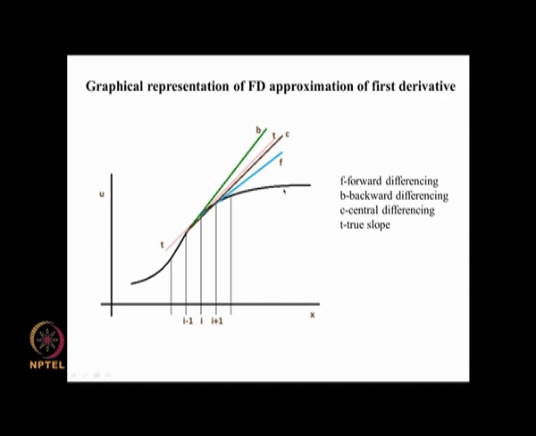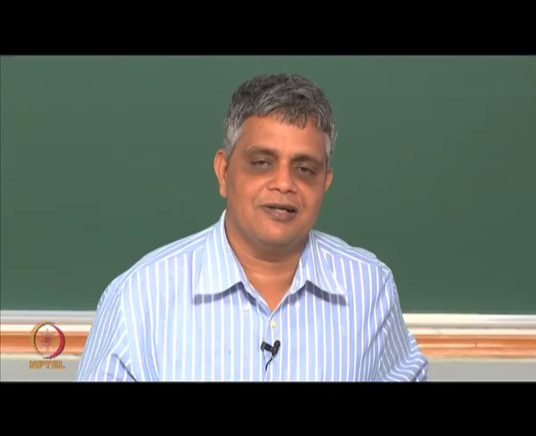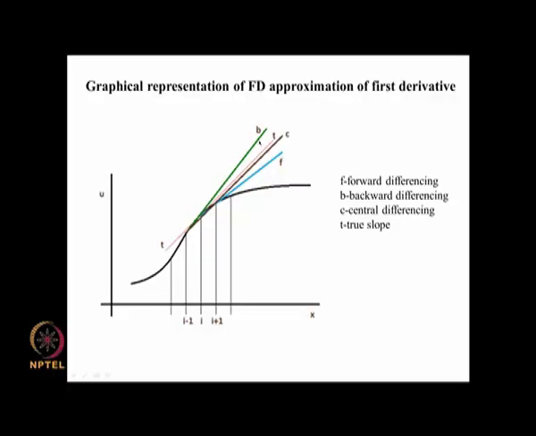That indicates more error with forward and backward differencing schemes as compared to central differencing. This is also an indication of the mathematically derived truncation error, which is of second order accuracy in the case of central, whereas F and B are first order.